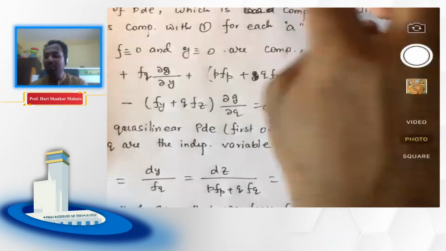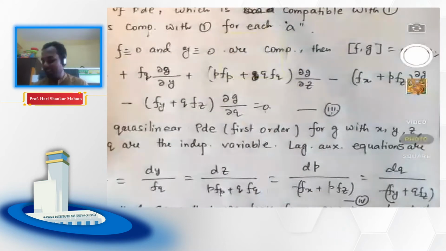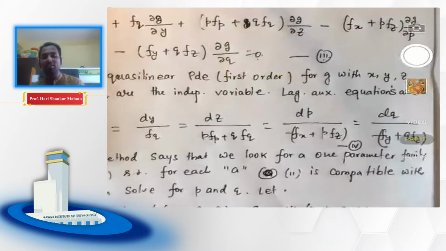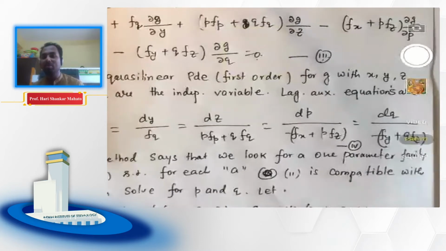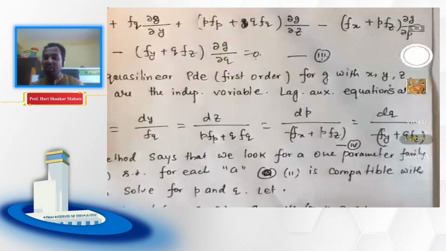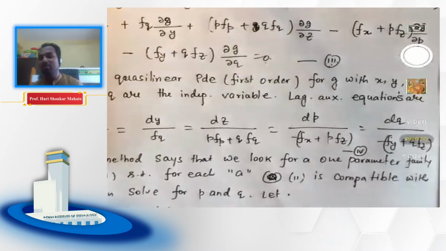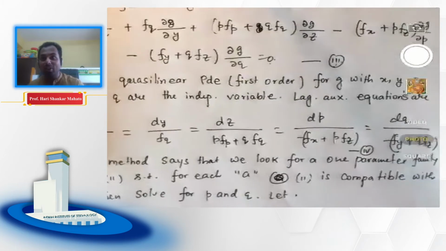So although we didn't make any effort to find the solution for this non-linear PD, indirectly we are finding the solution from this relation, dz equals P dx plus Q dy, because that's a common solution. So whatever common solution you get from here, it will satisfy F as well as G. And that's your trick here.